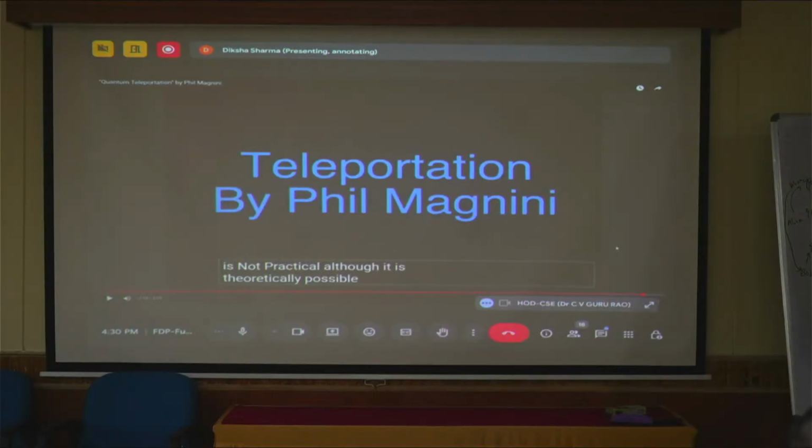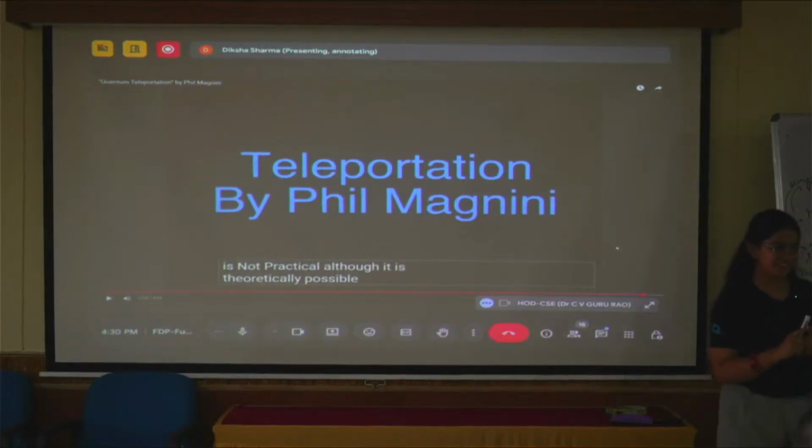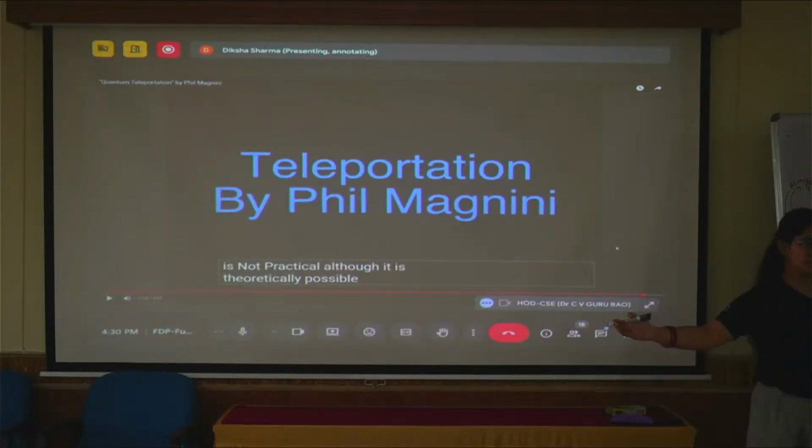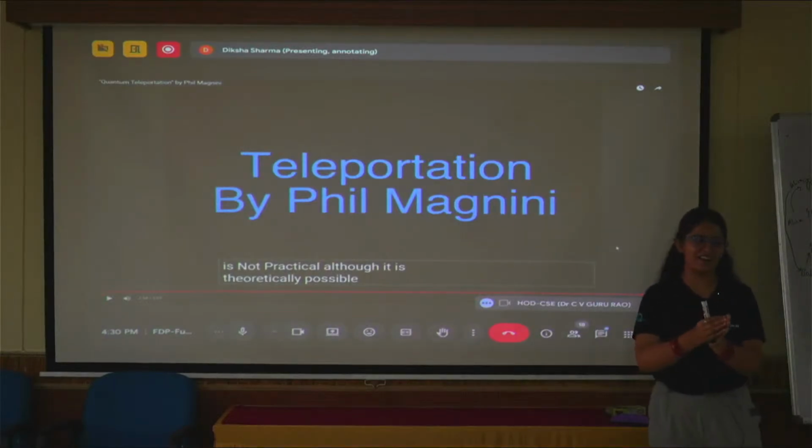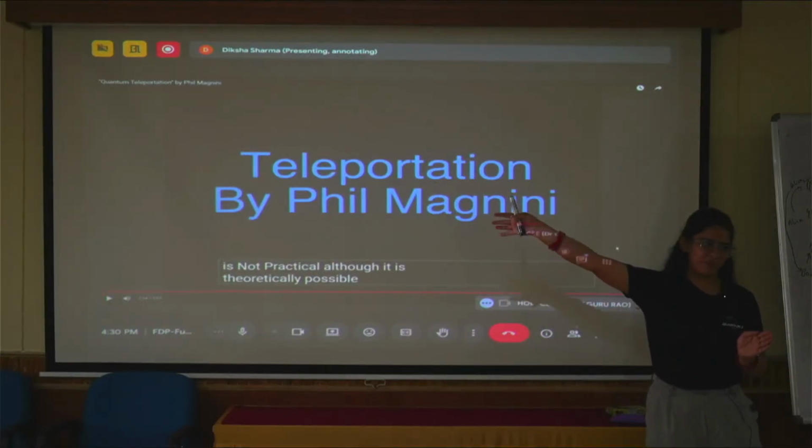Possible, of course, but there is one condition, because till now we have teleported photons only. Photons are something we are not even able to see. After the transportation, someone measures it and knows that teleportation happened. For a human being to be transported, first of all, we have to convert that human to small particles, and then we have to destroy those particles here so that the human can appear in some other space.